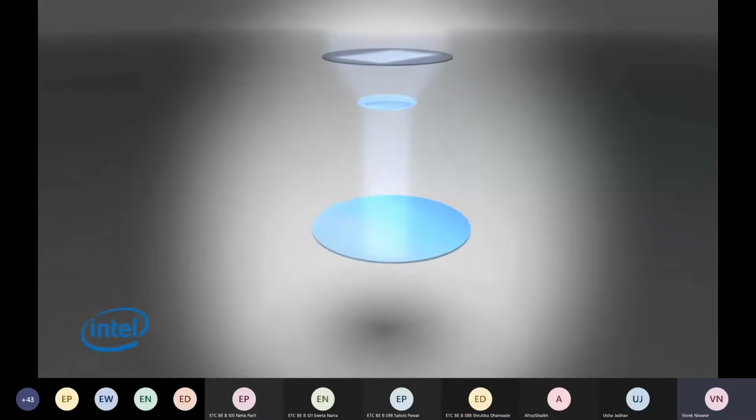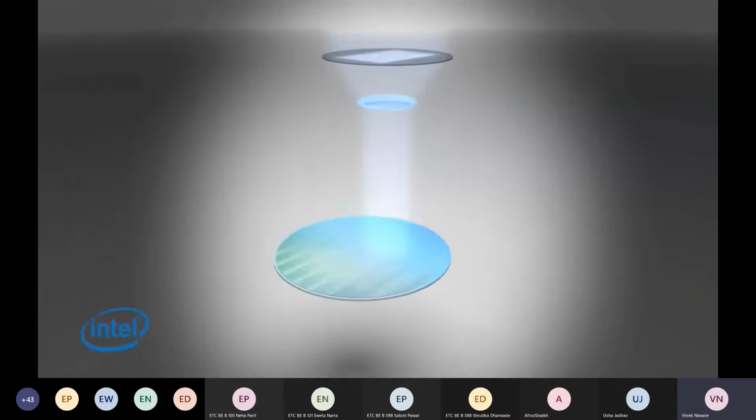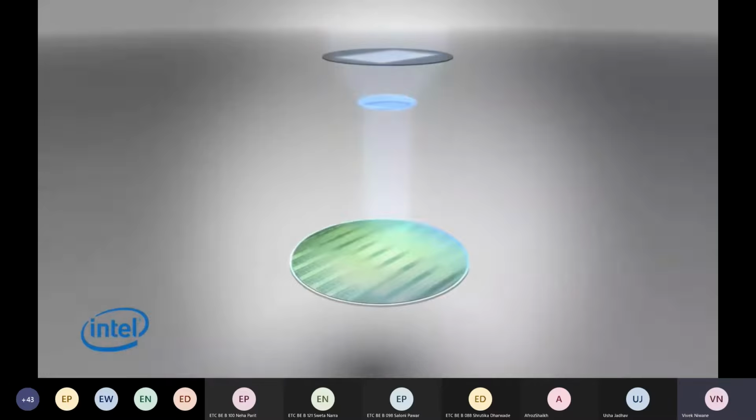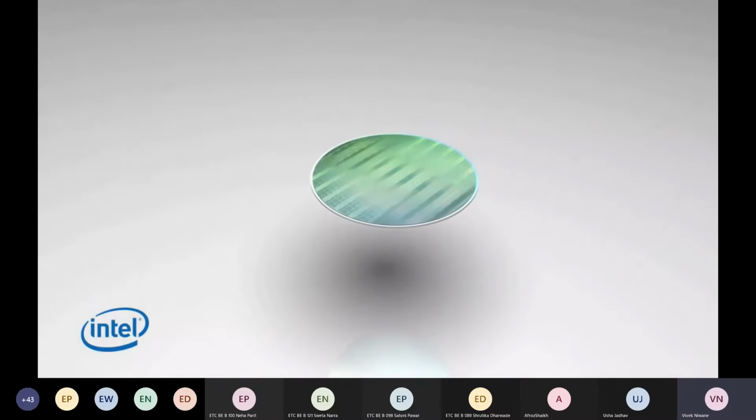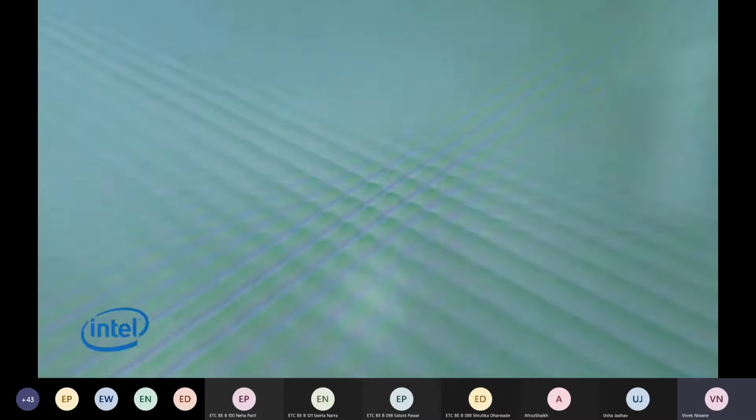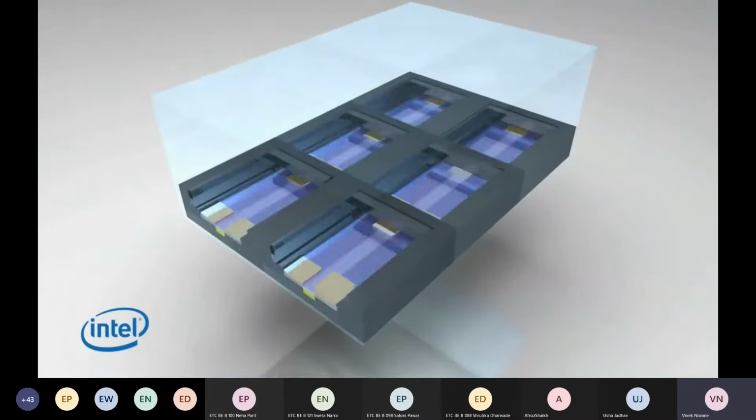This is a part of a process called photolithography. Definitely not from our syllabus, but it is very, very important. So now our individual processors are manufactured on the wafer. Let us look at how they look.